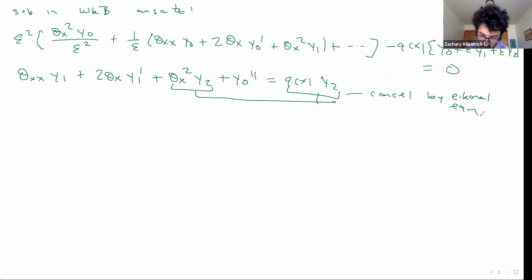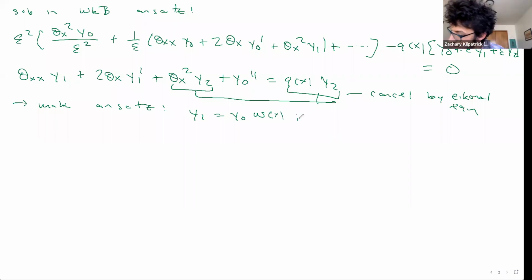Okay, and if we make the ansatz that y1 is equal to y0 times some function w, which is a function of x, then what we end up with is 2 theta x y0 w prime plus y0 double prime is equal to 0.